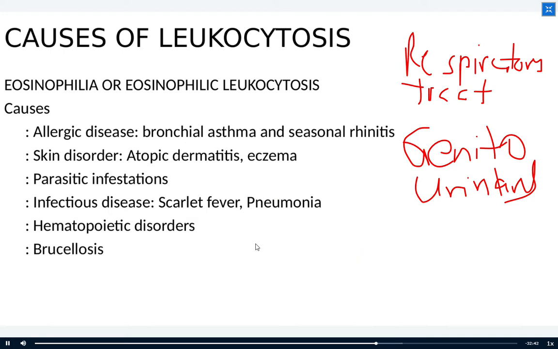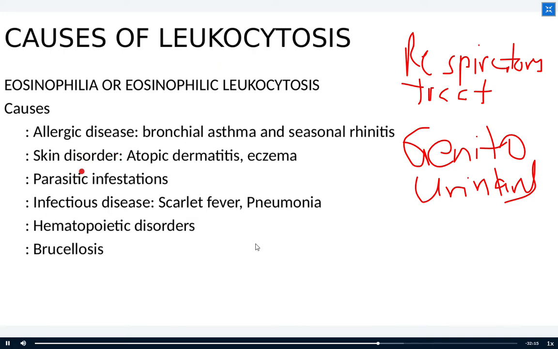Kulit lang. Okay, so your eosinophil can be found in your respiratory tract and your genitourinary tract. Now, they would be increased in your bronchial asthma and seasonal allergies. Now, remember, since they are found in your respiratory tract, if your body would encounter a disorder on those parts, that would lead to an increased eosinophil.